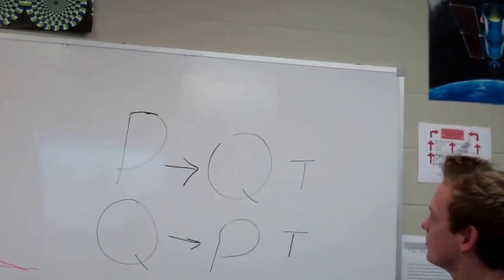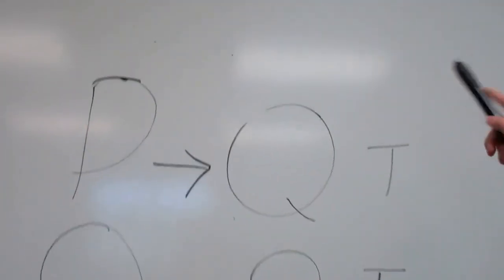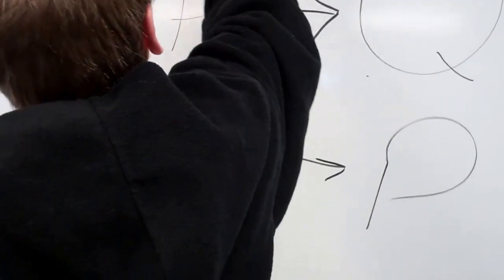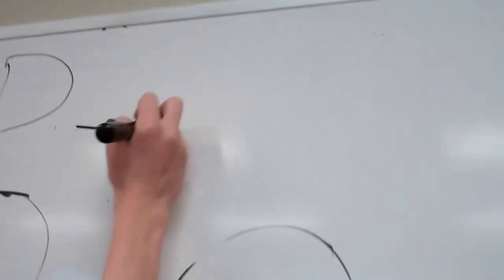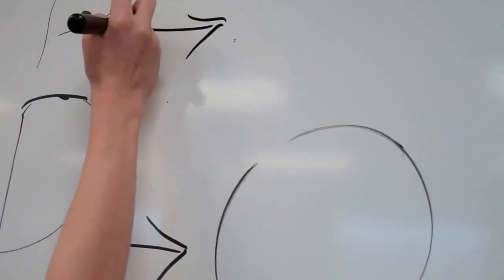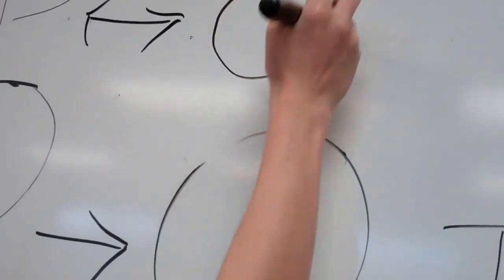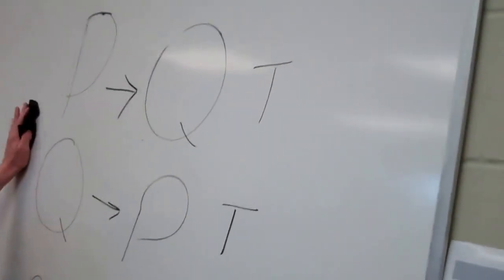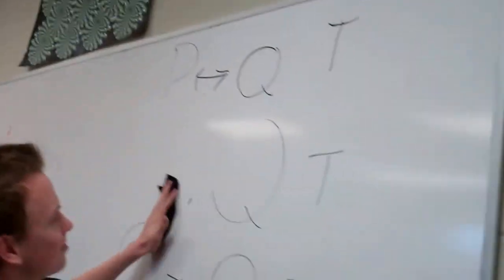Way up at the top there, put P, double-ended arrow, Q, and a true, and erase everything else, because it covers it. That covers all of it.